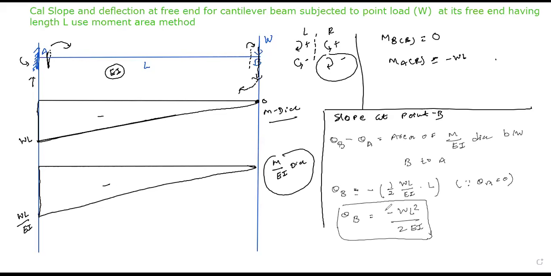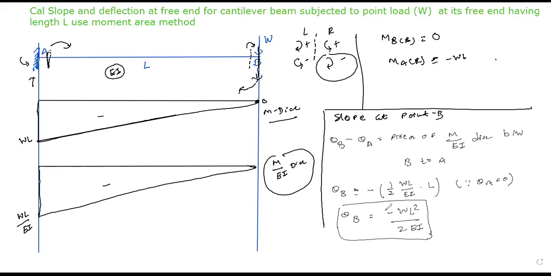Is it clear? Just rethink theorem number 1. What exactly is written in theorem number 1? To calculate slope, we will need to calculate the area of the M by EI diagram between 2 points. Okay? Which two points to take? Stand at the point where you want to find the slope, and from there go up to the point of the boundary condition. Simple shortcut: your boundary condition is point A, because I know the value of slope at point A. That's why we will go up to a boundary condition.